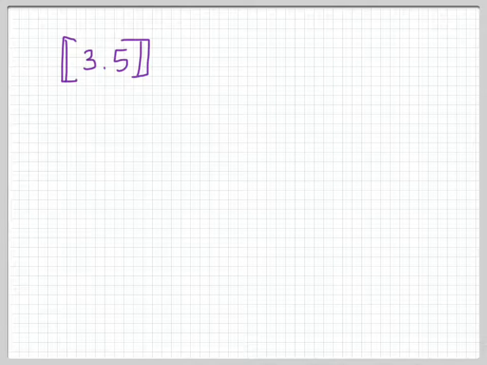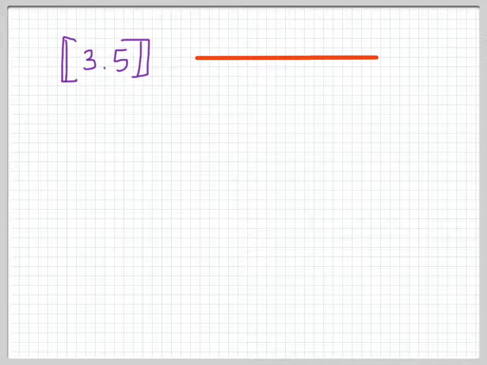We have the greatest integer of 3.5. So let's look at what the graph would look like. We want to start off with the 3.5 and where it's located on a number line. It is located between the two integers 3 and 4. 3.5 is located about right here.